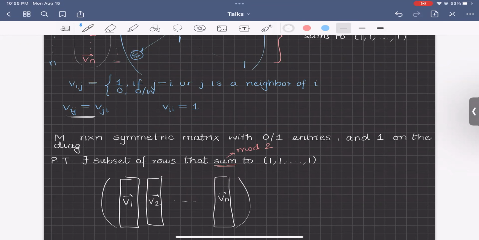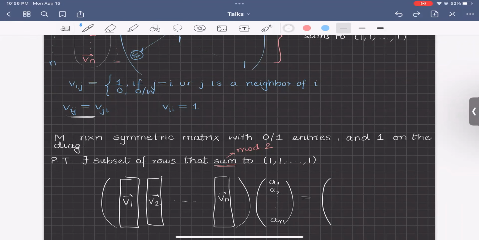And now if we multiply this matrix with a1, a2, up to an, then what does this become? This becomes A1 V1 plus A2 V2 plus An Vn.